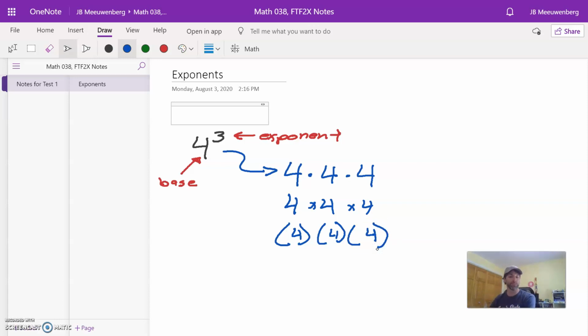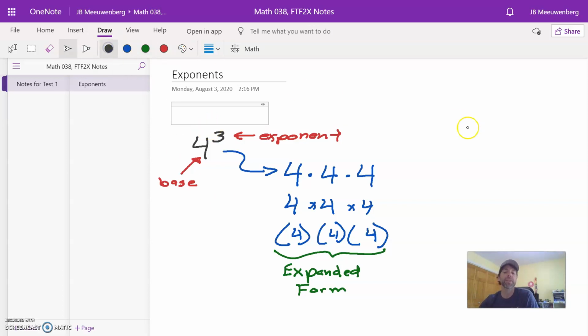In fact, when we're talking about exponents, we refer to this as expanded form. And that makes sense, right? We take the exponent notation, which is a condensed notation, and we expand it to what it actually means.